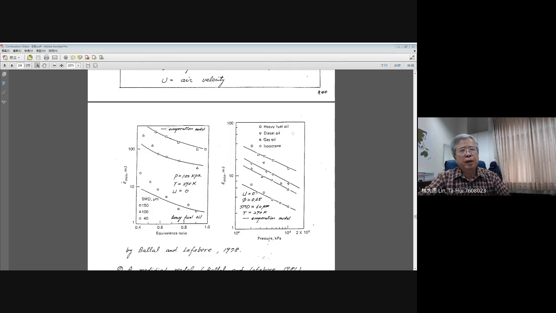For example, heavy fuel oil has the highest boiling point, which means it is hard to evaporate. Isooctane has a relatively lower boiling point, so it is easier to evaporate. Then for the isooctane spray, you may have a small minimal ignition energy because it is easier to gasify and provide more fuel vapor for the ignition process. Okay, this is one point you can see from this figure.